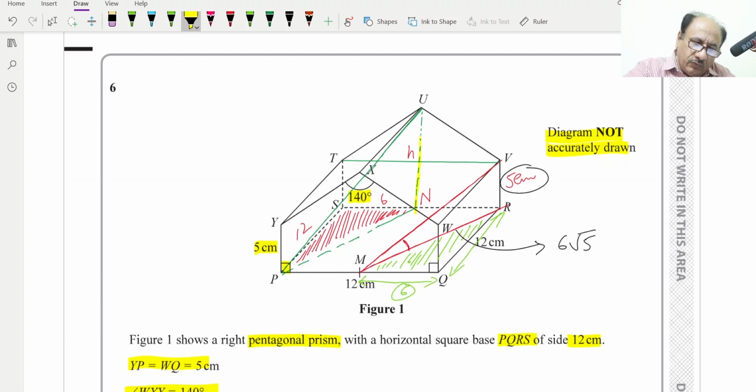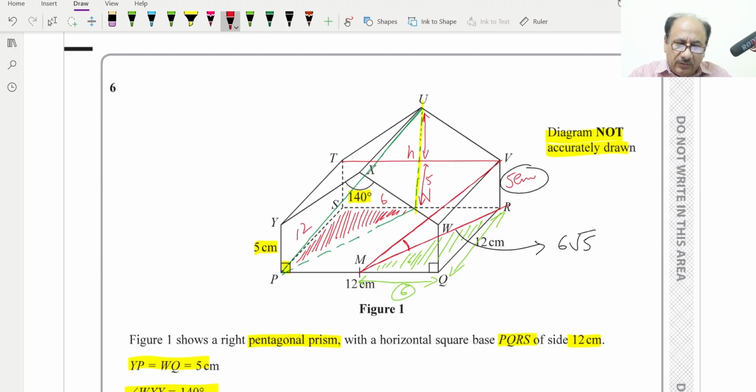I'm interested to find this height. The line is deleted, so I'll redraw this. Up to this point this height is 5, and this additional height we need to find.